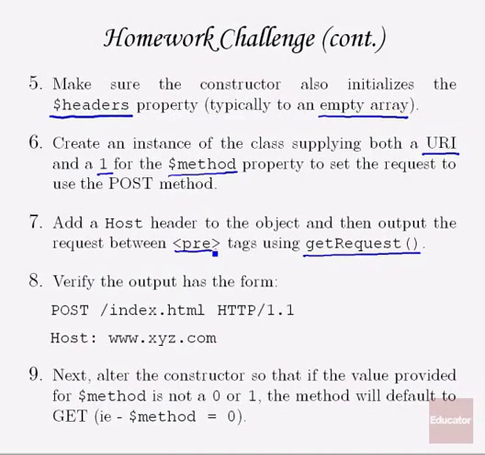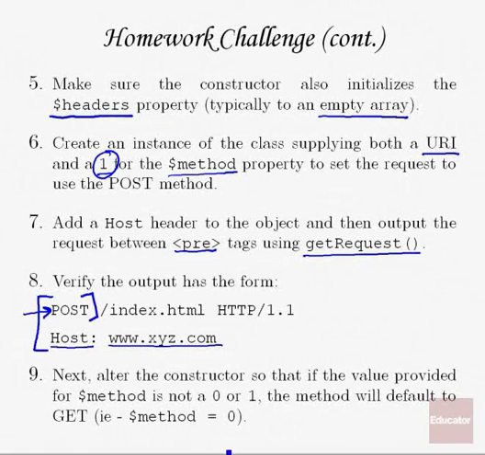And then verify that your output has the format here. If it's implemented correctly, you should see that POST is output as the method of this request because we've passed it a 1 when we created the instance, and also that it has a host header on it as well, and the value of that can be whatever you pass it, but the main portion for this lesson is about the POST.